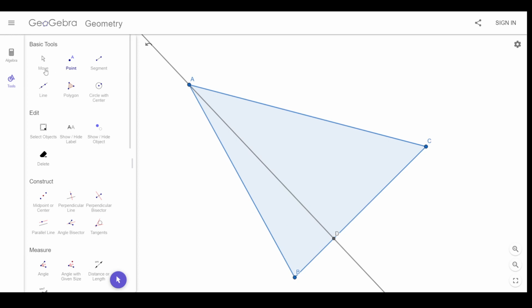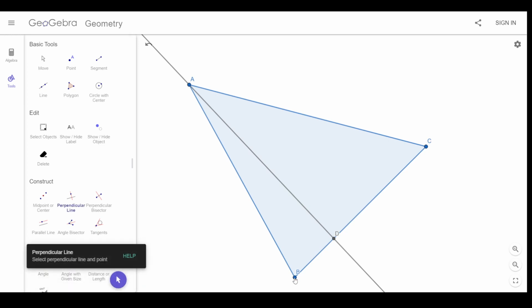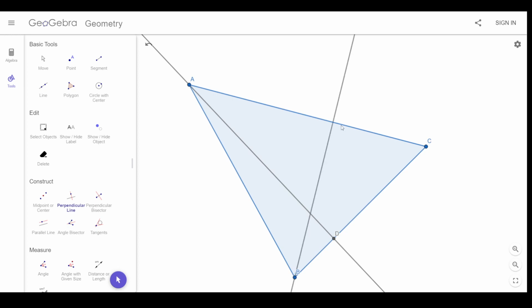All right, so now we're going to do the same thing from point B to side AC. So I click on this thing that says perpendicular line. I click on B, and then I click on this line right here. What's it going to do? It's going to make a perpendicular line from point B to that line AC. Boom, right there. Okay, you got me on that?